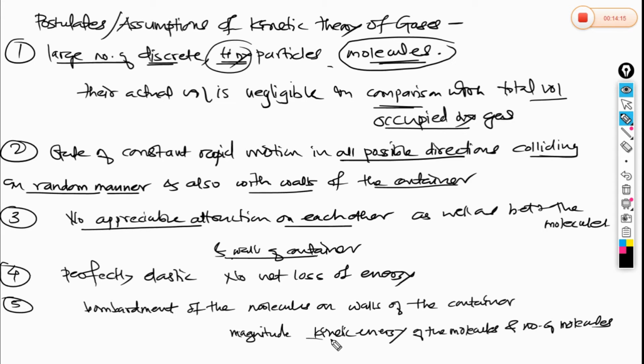If the kinetic energy of the molecules is large, then the magnitude of pressure is also large, because with high speed the molecules will collide on the walls of the vessel. That's why the magnitude of pressure increases. And if the number of molecules is large, they strike more than a low number of molecules, hence again the magnitude of pressure is large.